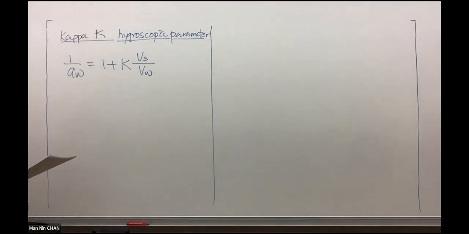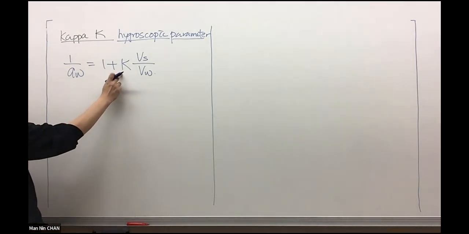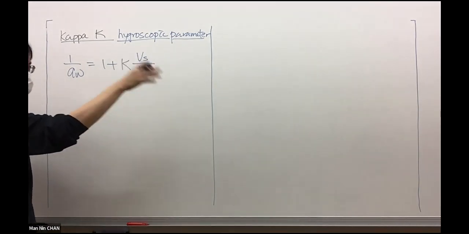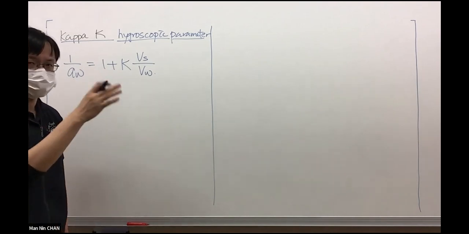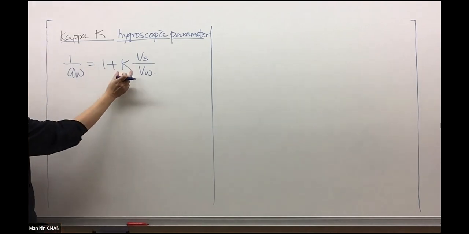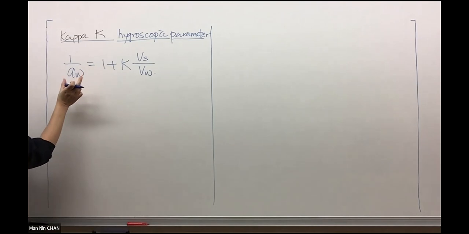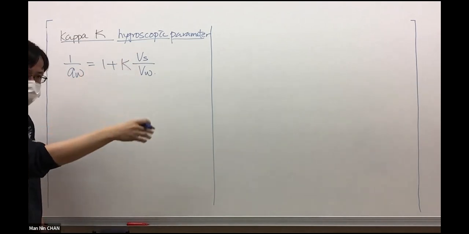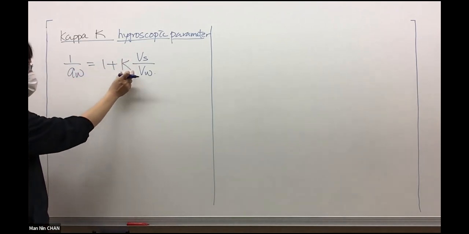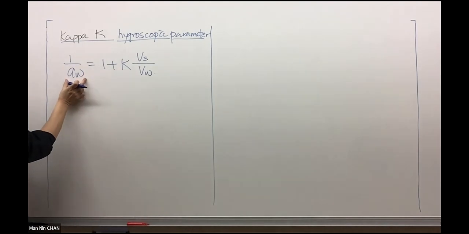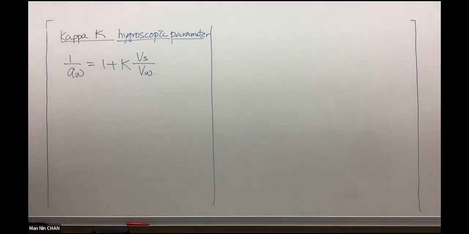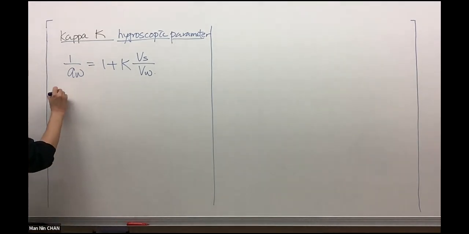What's the meaning? The idea is that if your aerosol contains different species, depending on their concentration or amount and also their types, how do they affect the water activity? So this is the kappa, and how to derive the kappa. We go through some steps, and last time we stopped here.